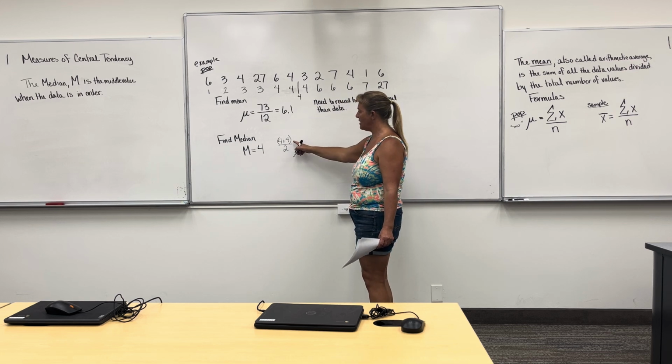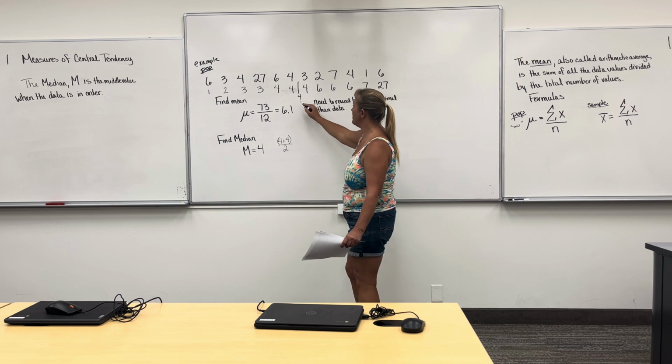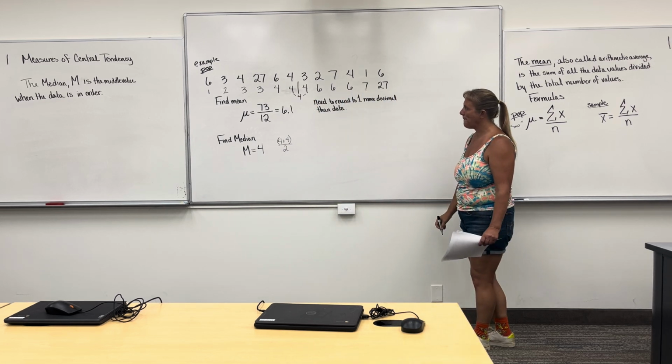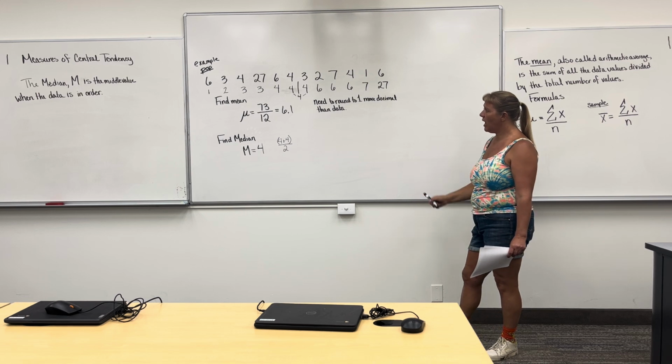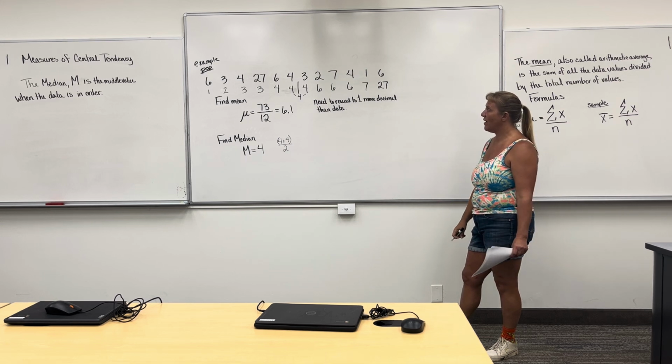So 4 plus 4 is 8, divided by 2 gives us 4. So take the 2 numbers to each side to get us that middle number. Okay? And if you have an odd number of numbers, then the middle number is just the number that's in the middle, and that's easy to do. But in this case, we have to find our middle number.